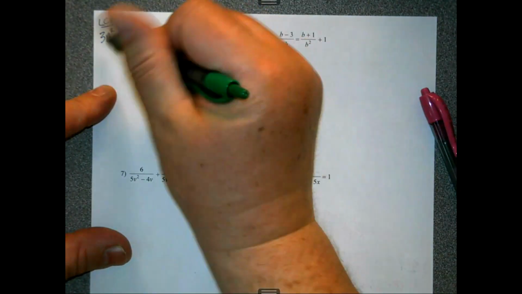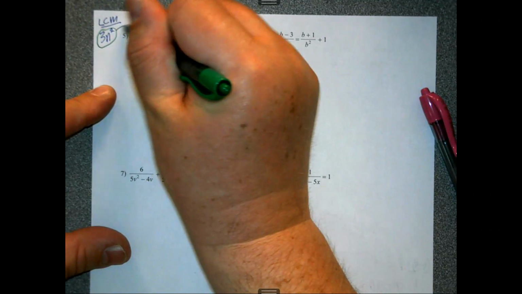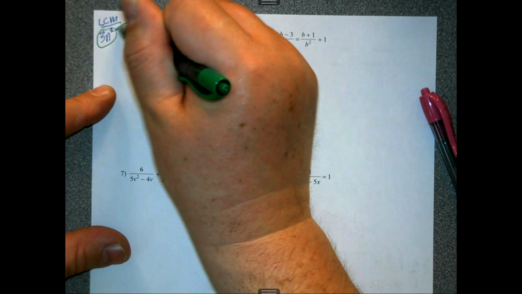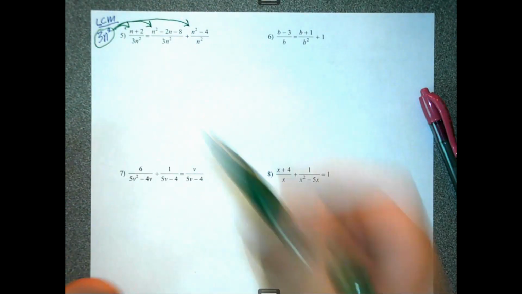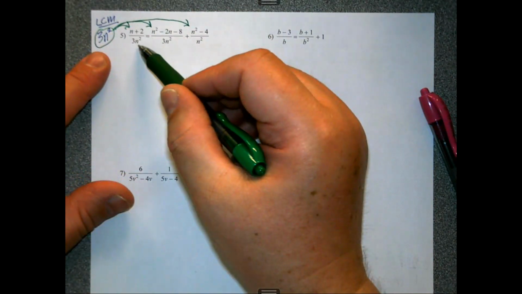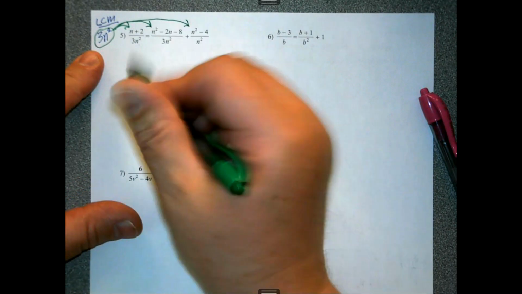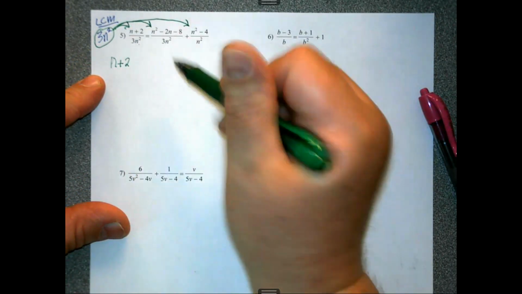So I'm going to distribute the 3n squared to every fraction. Now, the first fraction, they cancel out. Same thing with the second. So I just take the n plus 2. Don't have to multiply by anything.